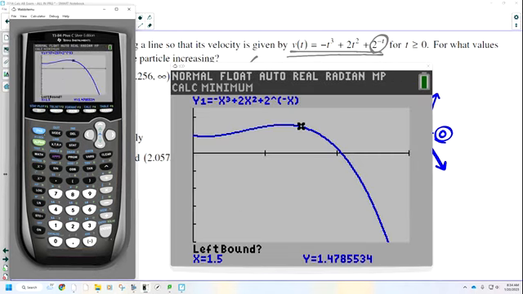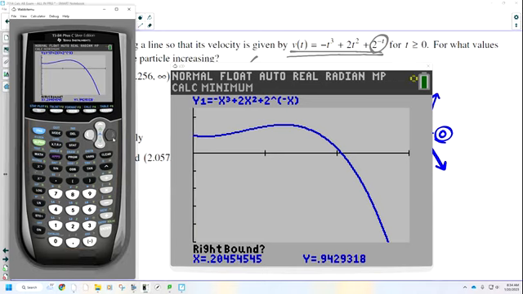I think the explanation is so much more time consuming than the actual math. So again, I want to find this minimum point right here. Let's go here. Enter. Do our little bookends. Enter. Hit enter one more time. This minimum is 0.176.